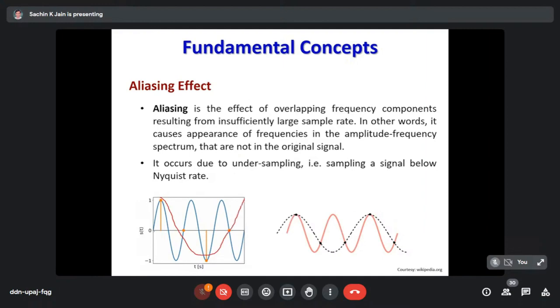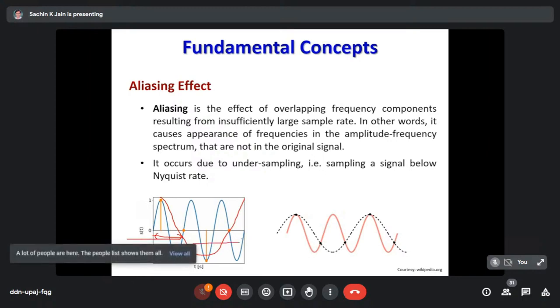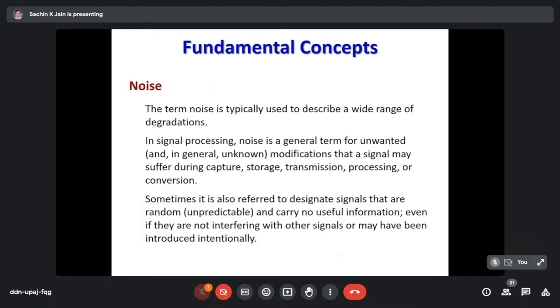Its actual frequency is this, but it appears as if this is its frequency. So what is aliasing? When higher frequency components appear as low frequency components because of inappropriate sampling, it is known as aliasing. To avoid the aliasing effect, we use anti-aliasing filters as a common practice, right?